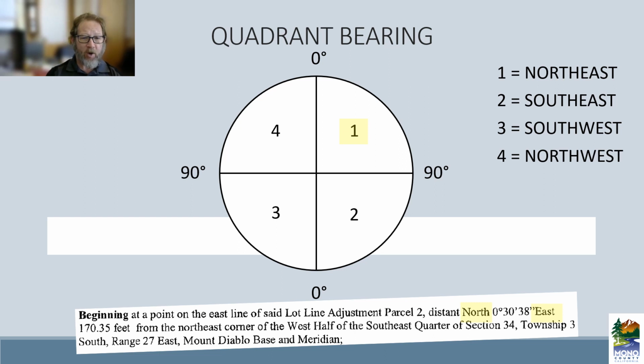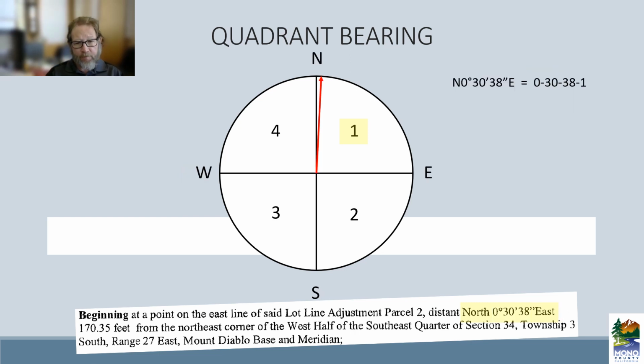Another thing to note about quadrants is that there's only 90 degrees in a quadrant. So you can go from a minimum of 0 degrees to a maximum of 90 degrees for each quadrant. And 0 degrees, as you see there, is either straight north or straight south. And 90 degrees is either due east or due west.